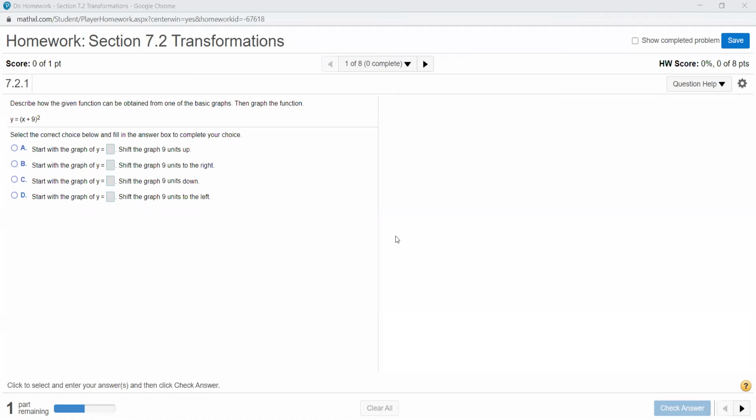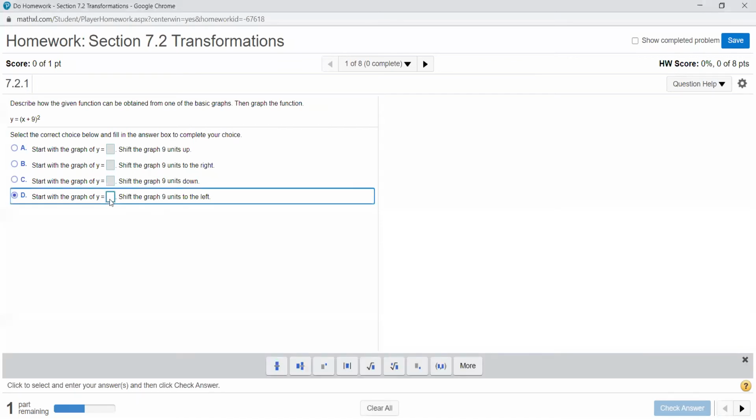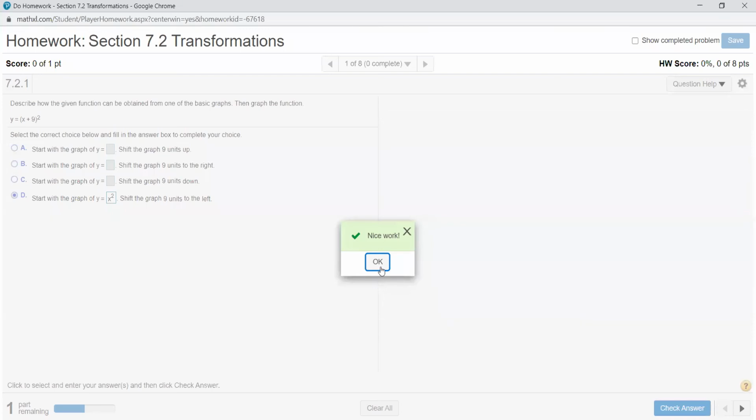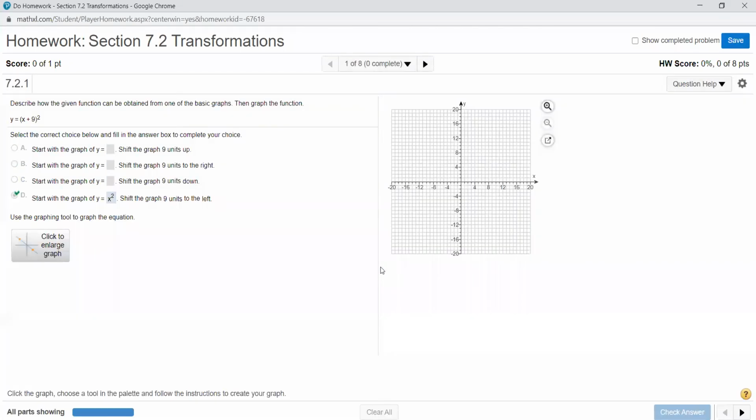Because inside numbers shift you left and right, but you go opposite of the sign. Pluses actually shift you to the left. So I would start off by going to the one that says 9 units to the left, which would be D. And type in x squared. Then check that. And then it's going to ask you to graph it.